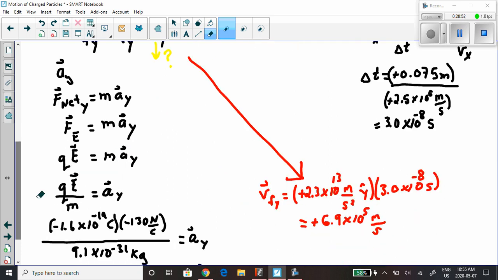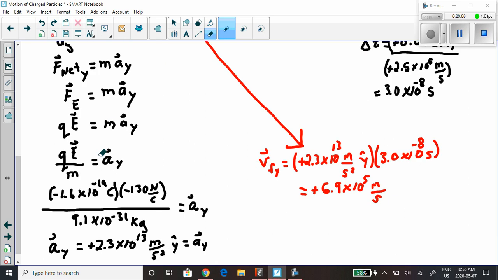Electric force, if you remember, is equal to charge times the electric field, which would equal mass times acceleration in the y direction. We isolate for acceleration in the y direction by bringing the mass down underneath, and we now are going to plug in the numbers.